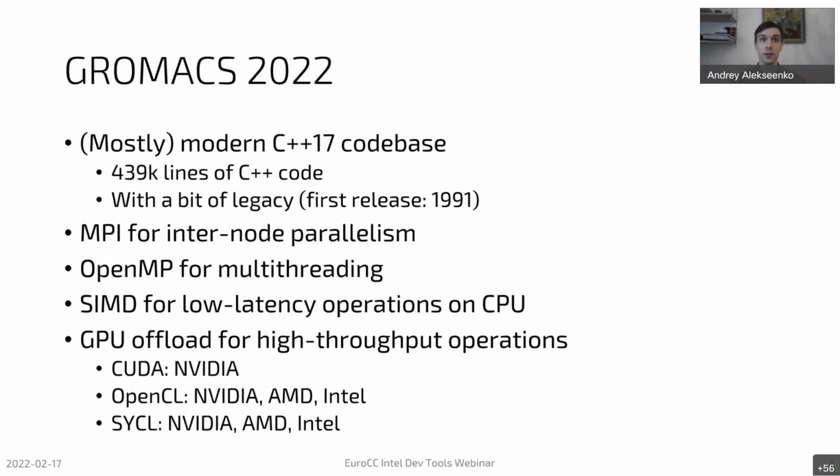GROMACS 2020, the latest release, is not yet released; it's going to be released later this week or maybe next week, but as you can understand, it's pretty close to it. It's almost 500,000 lines of C++ code. And while we try to be modern and follow the best C++17 guidelines, the code has around 30 years of history, so it's a huge code base, and it has a bit of legacy, a bit of idiosyncrasies.